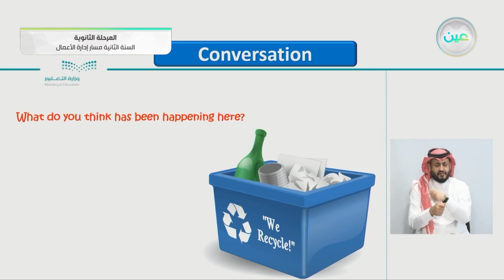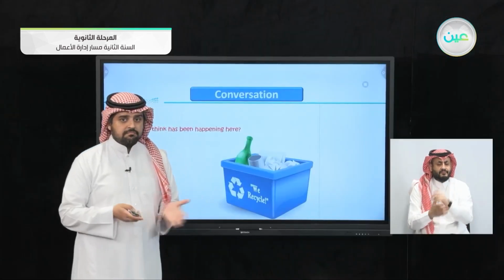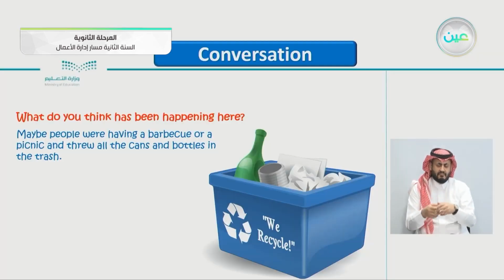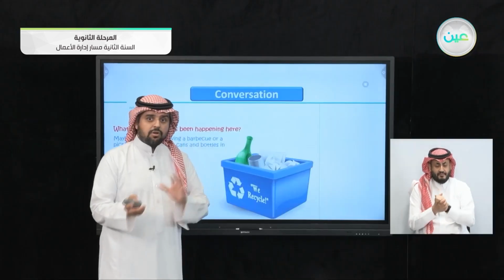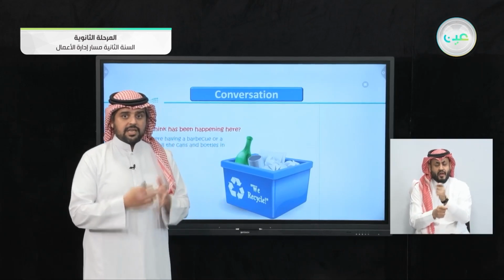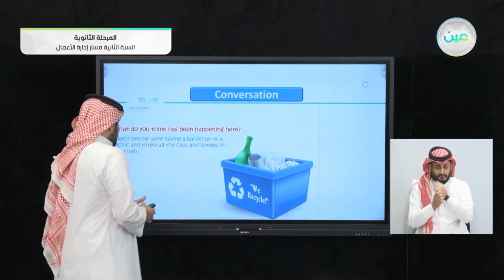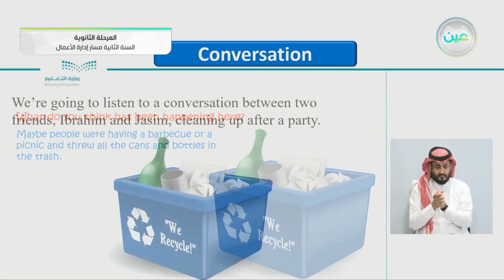The people, what were they doing? Maybe people were having a barbecue or a picnic, and then they threw all the cans and bottles in the trash can or the trash bin.